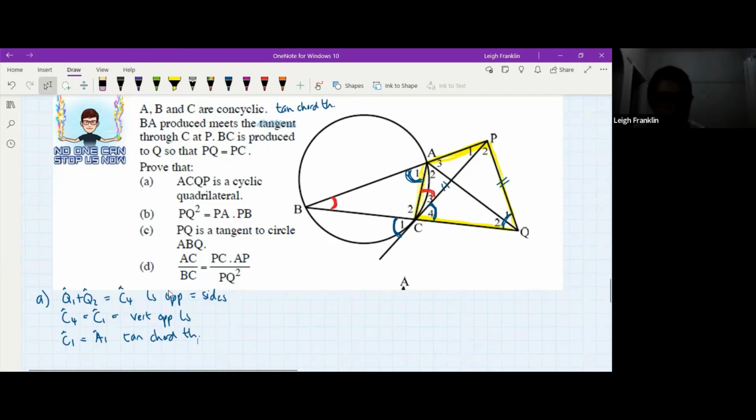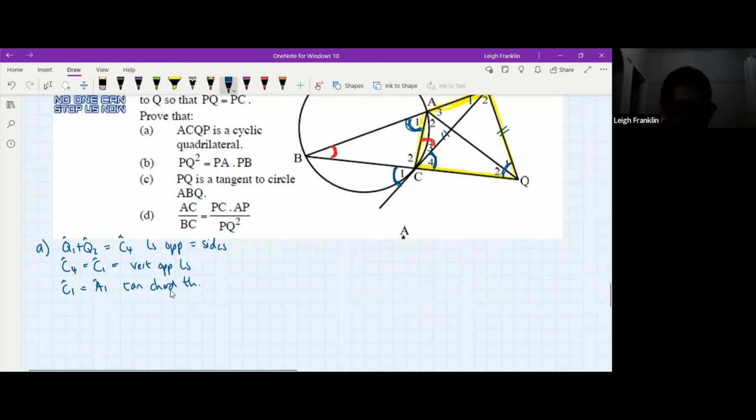And thus, A1 is equal to Q1 plus Q2. And that is the reason why ACQP is cyclic. So therefore, ACQP is cyclic.